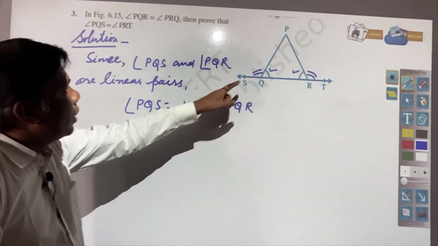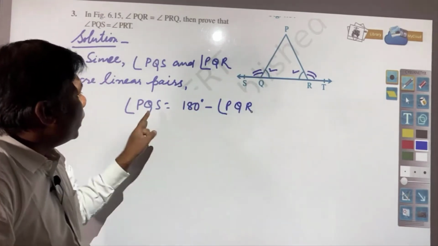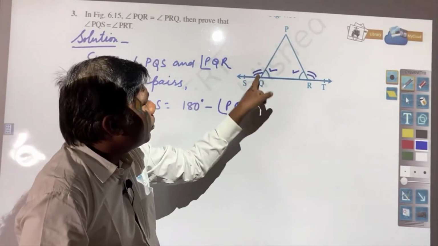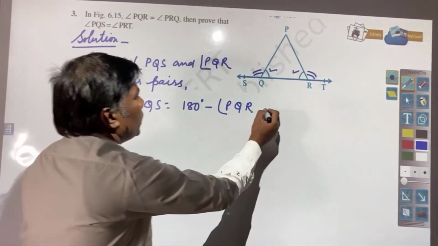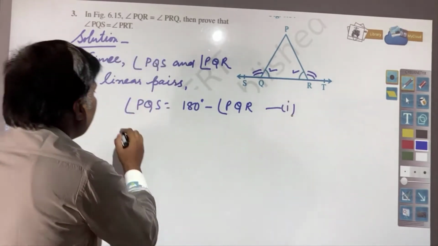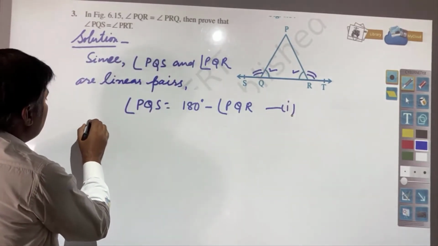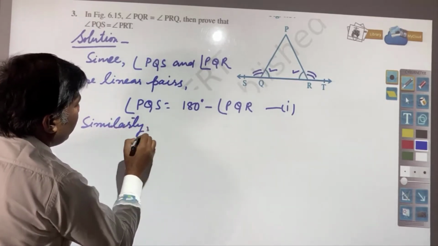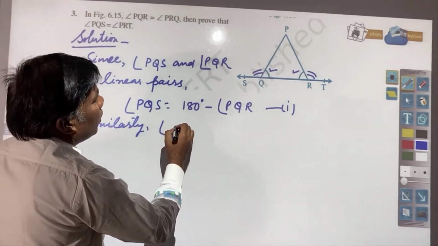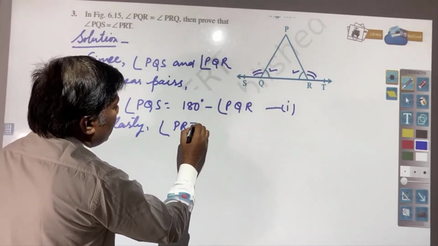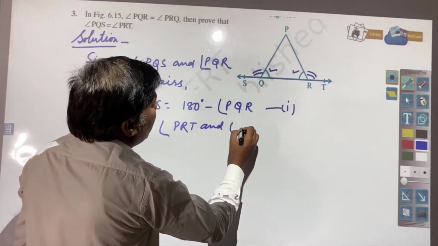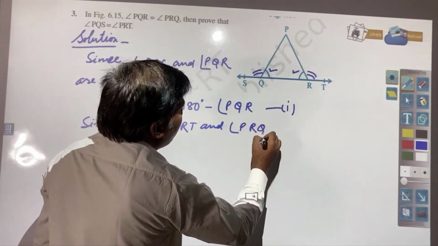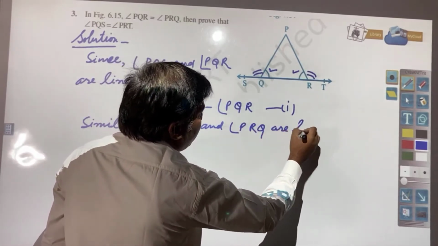Here you see, PQS will be 180 degree minus PQR. Suppose this is first. Similarly, angle PRT and angle PRQ are linear pairs.